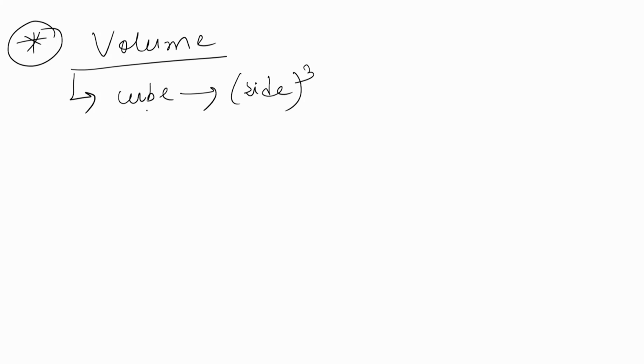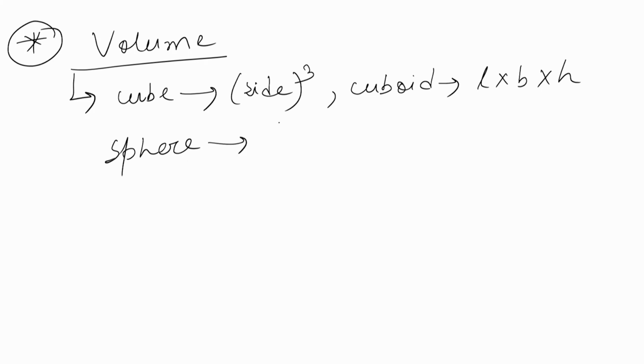For a cuboid, the volume is length into breadth into height. Volume of a sphere is 4 by 3 pi r cube, where r is the radius.